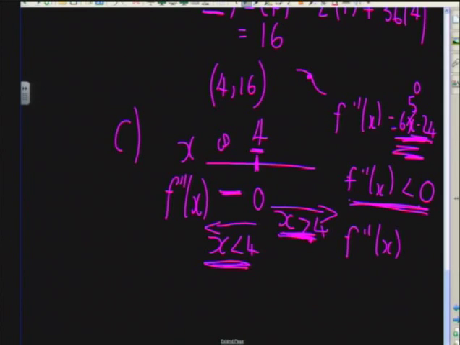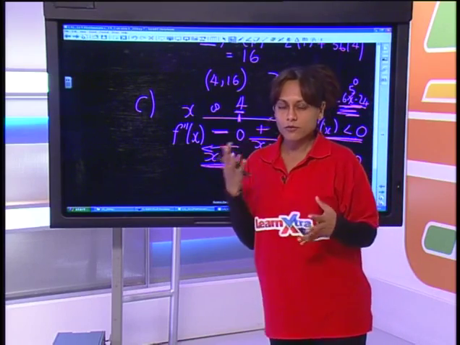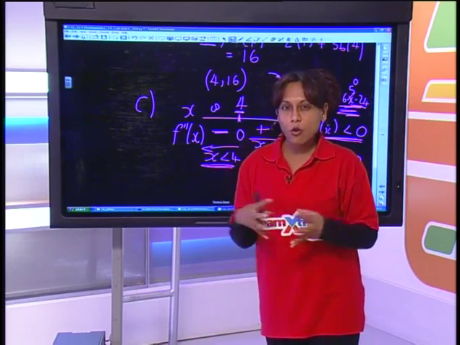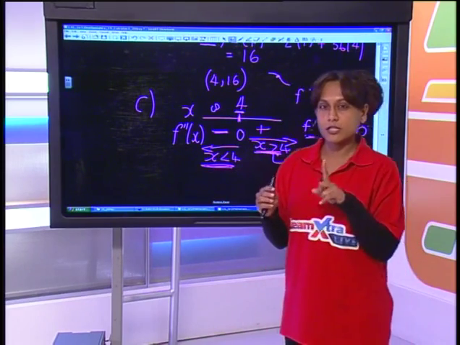You're going to get, for example, 30 minus 24, which is a positive answer. So when x is greater than 4, our second derivative is positive. And yes, it will always work. It doesn't matter what values you take that are less than 4 or greater than 4, it's always going to work for any of those values. So you simply need to test one.